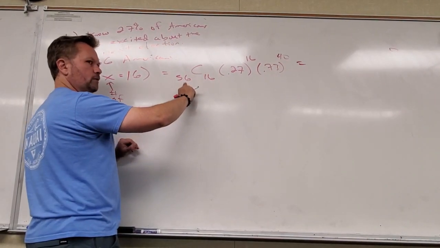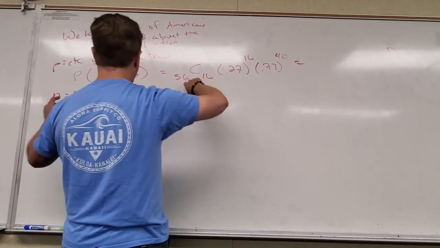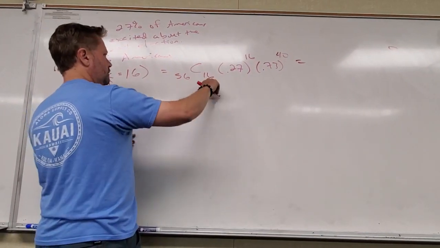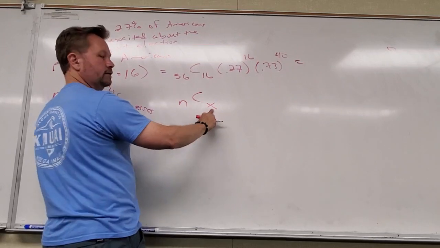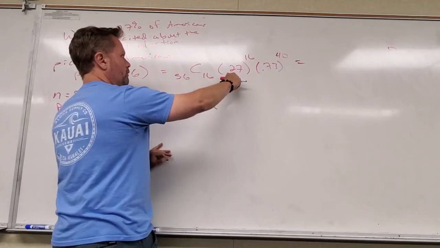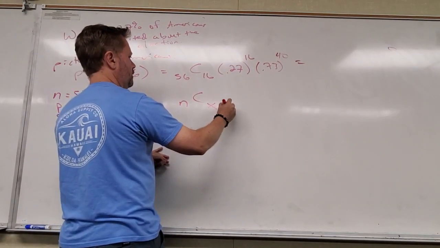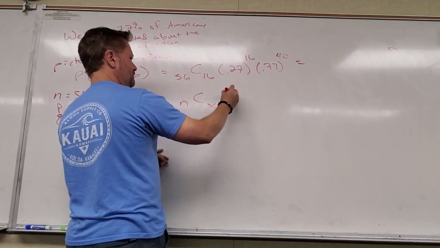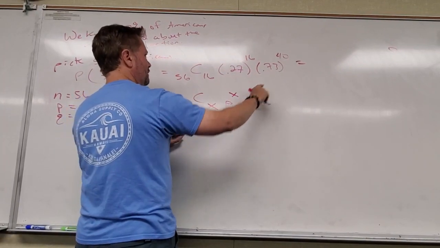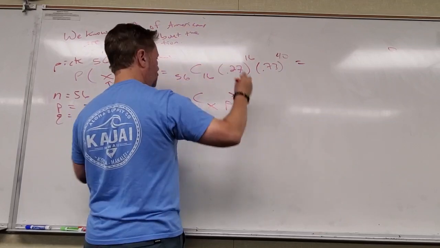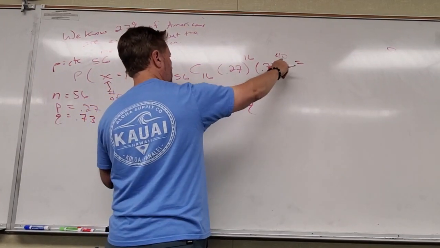What's the symbol for 56 in this problem? N. 16 was X. What was 0.27? P. 0.73 was Q.